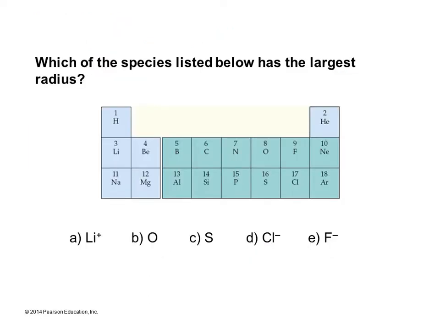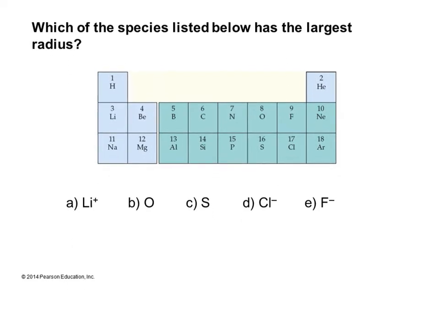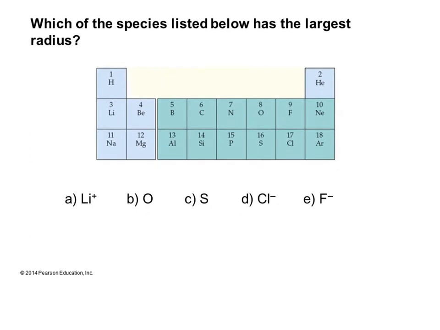Now we get to put on the thinking caps. Which of the species listed below has the largest radius? First of all, let's locate all these on the periodic chart. We have lithium, oxygen, chlorine, fluorine, sulfur. We want to know which has the largest radius.